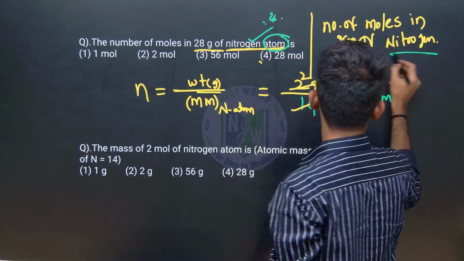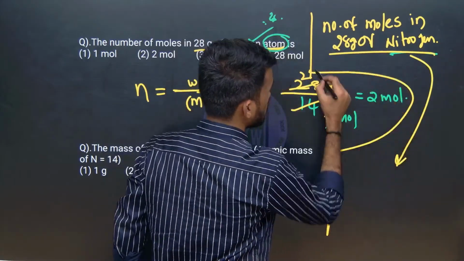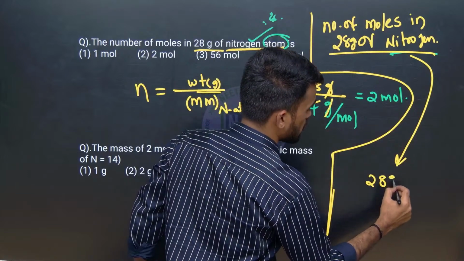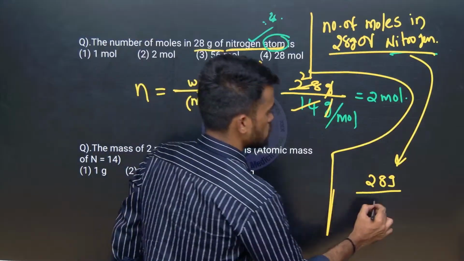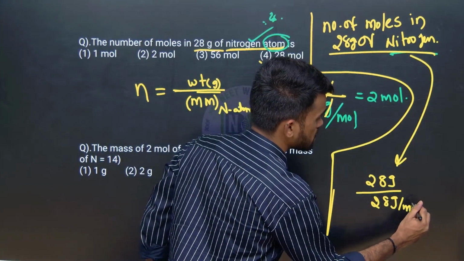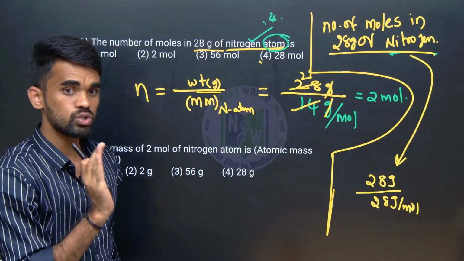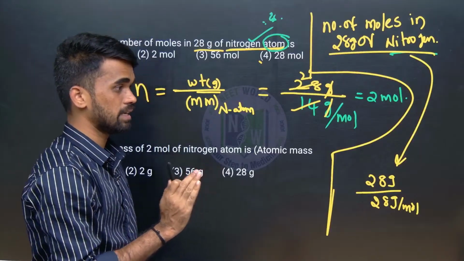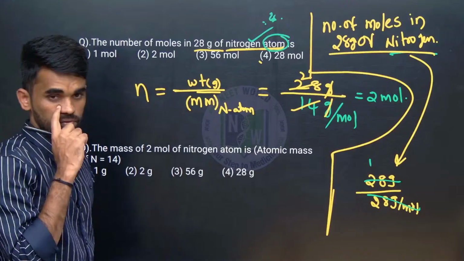So the given weight is 28 grams only. What is its molar mass? 28. So here it is 14, here it is 28 gram per mole. What makes the difference? It's a molecule, it's an atom. You should understand this basic difference. So here you will get a different answer from the above: 1 mole.